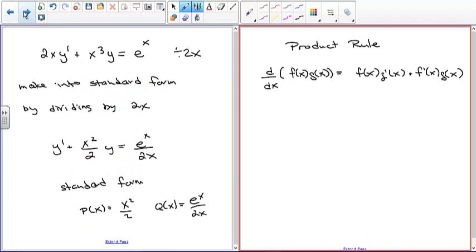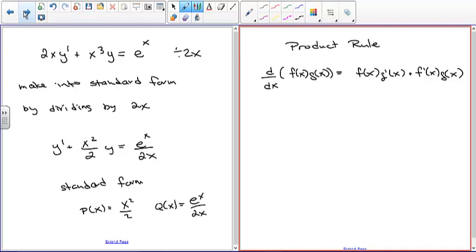Okay, now this is the product rule. We mentioned this the other day, that we're going to use the product rule in a backwards direction. The product rule says if you take the derivative of a product of two terms, it's equal to the first term times the derivative of the second plus the derivative of the first term times the second term. In this example, I've got something primed and something not primed.